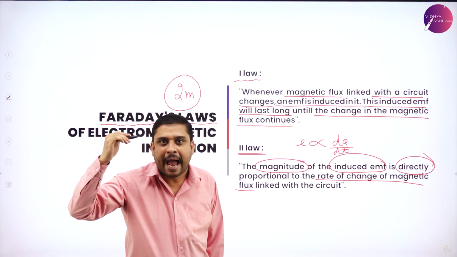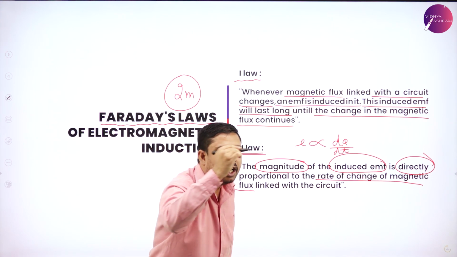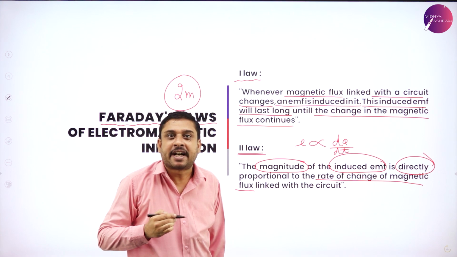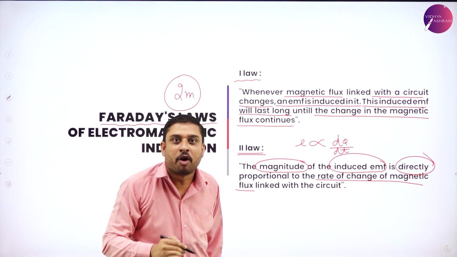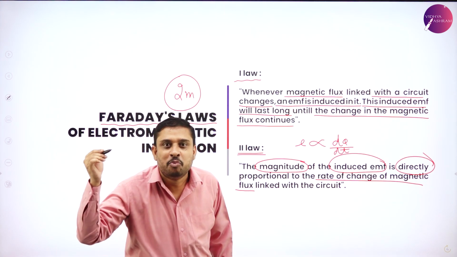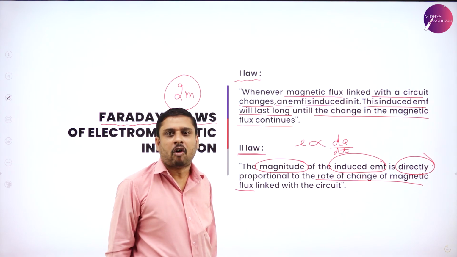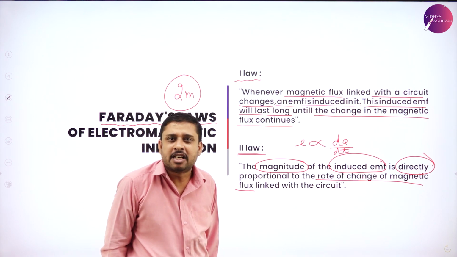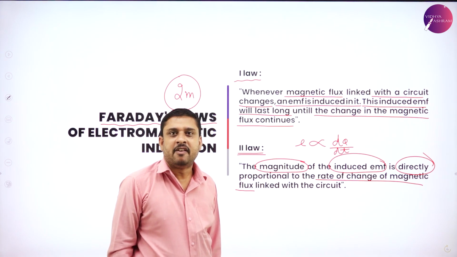For example, if the magnet is moved with great speed towards the coil, magnetic flux changes by a higher amount. Speed of the magnet is more, induced EMF is more. If you move the magnet slowly towards the coil, magnetic flux changes by a small amount, so that induced EMF is less.